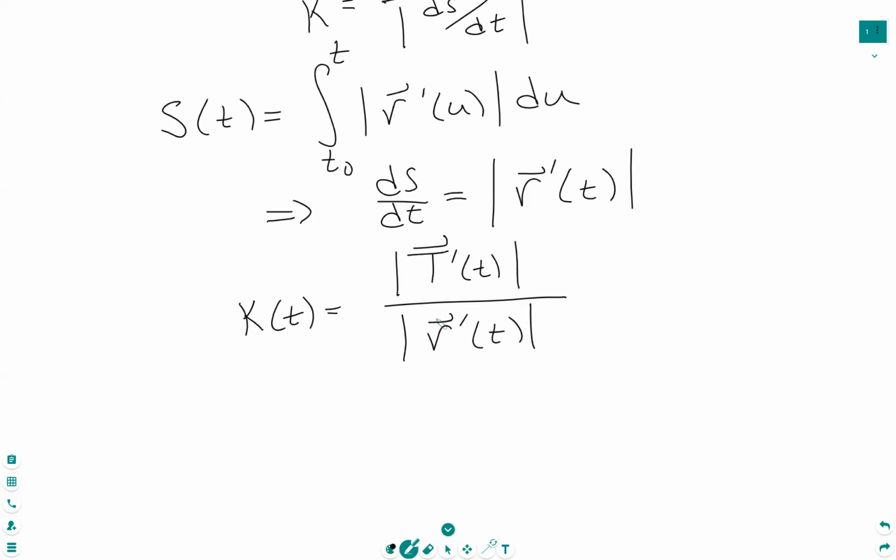Okay, so that's yet another way for us to write down this curvature as a function of t, but I'm not satisfied yet. This T prime can be massaged into some other stuff. So what is T prime? T is this unit tangent vector, the vector that's pointed in the direction that velocity is, but now we're taking its derivative.